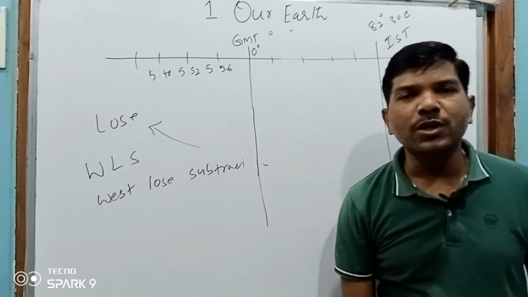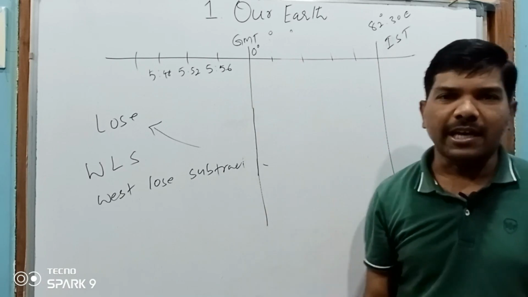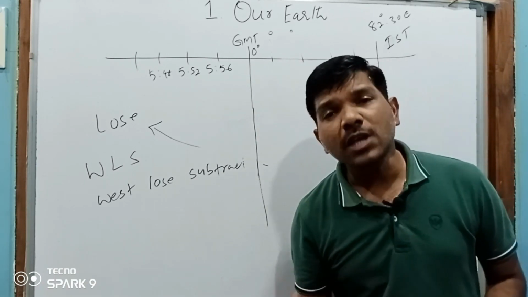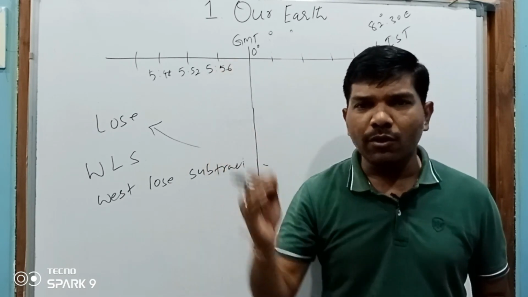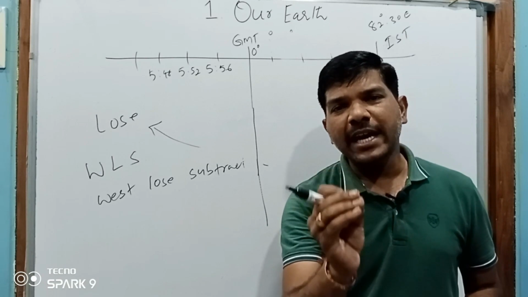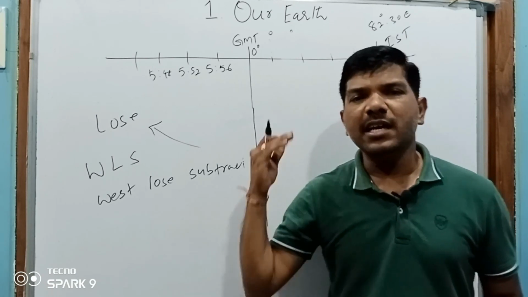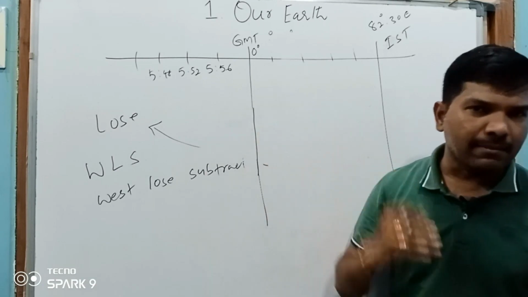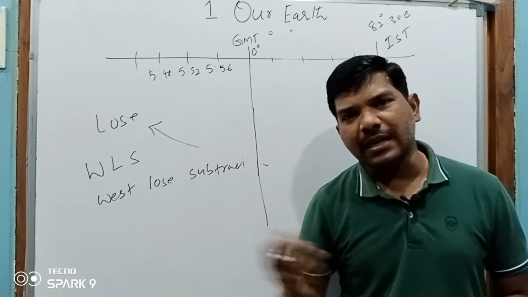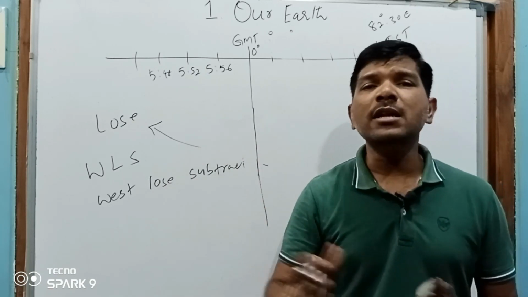I repeat, 82 degree 30 east longitude is considered Indian Standard Time. To avoid confusion, each and every country in the world has taken one longitude as a separate standard time zone. Indian Standard Time, Bangladesh Standard Time, American Standard Time, Pakistan Standard Time.